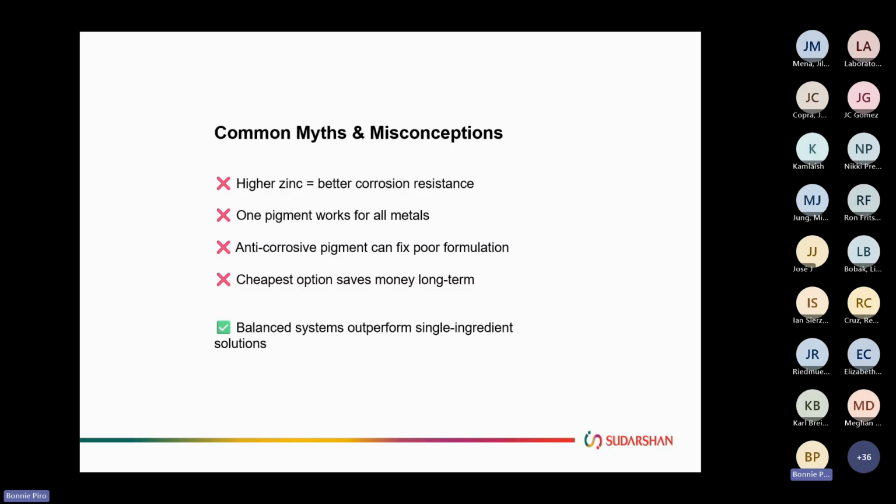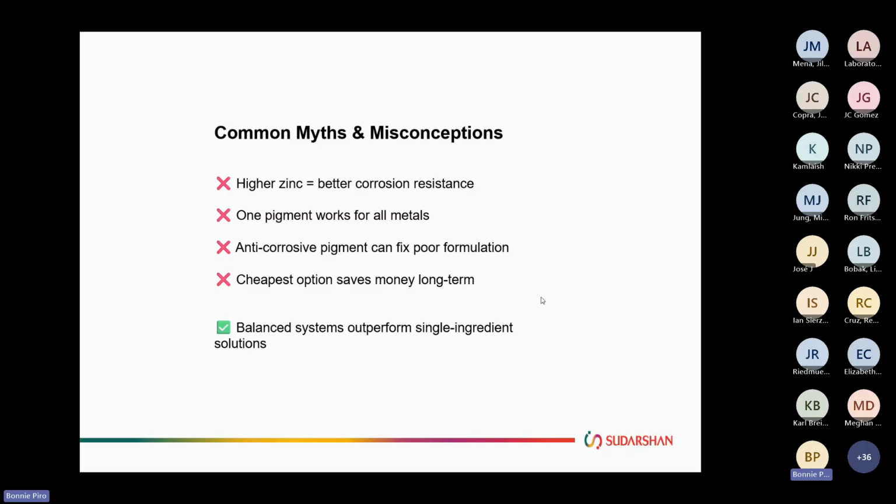And the anti-corrosive pigment layer may be good on its own, but if it's got a poor formulation overall, it may not be helpful. And also the full combination of the undercoat and the top coat in conjunction with each other is important as well. So it's the overall system formulation that needs to be optimized.